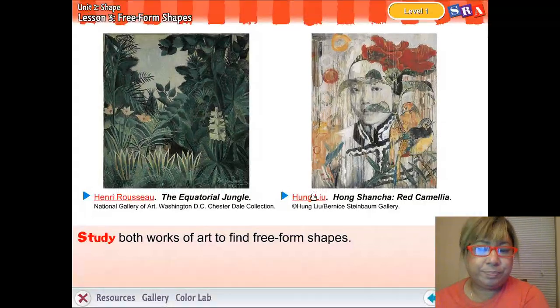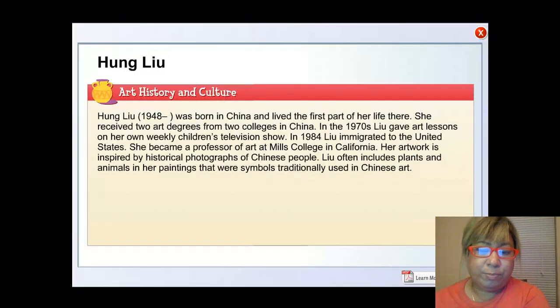And this artist, let's make sure I pronounced her name right. Hung Liu. Oh, I was really wrong. Hung Liu. Hung Liu was born in 1948, and she is from China. So she lived her first part of her life there. She received 2 art degrees when she went to college in China. She gave lessons every week on a television show.